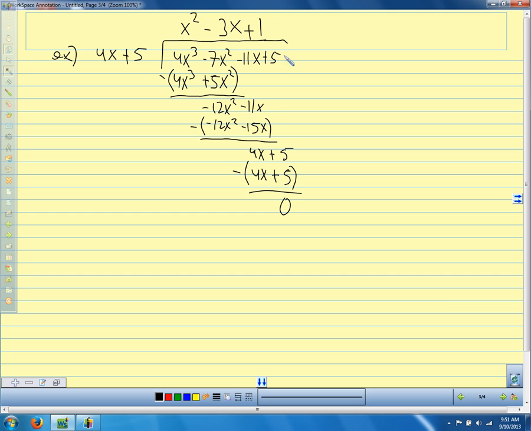Yes, I believe so. Or if we wrote this as x plus 5/4, we could do it that way, which would accomplish basically the same thing. You could end up with messy fractions, but it'd be possible, yes. Okay.